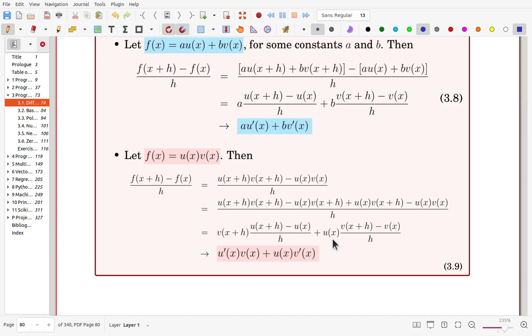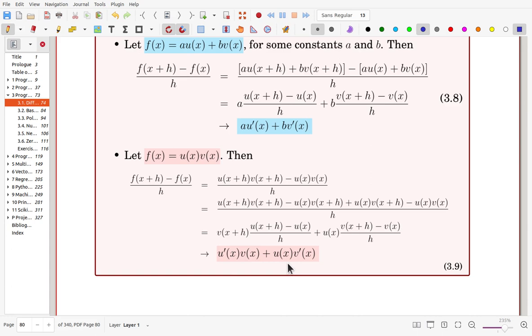And assuming that the derivative exists, that means here the limit exists as h approaches 0, then this term will approach u prime, and this term will approach v prime, so that if we apply the limit h approaches 0, then these two terms will converge to u prime v plus u v prime.